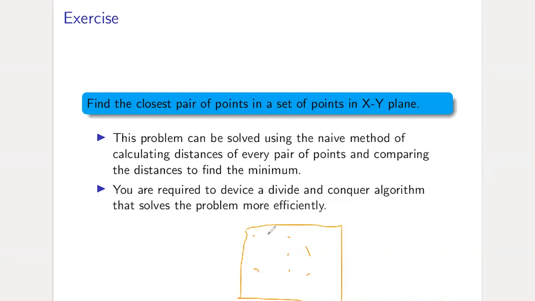You can use the Euclidean distance to determine the closest pair. The shorter the Euclidean distance, the closer they are.